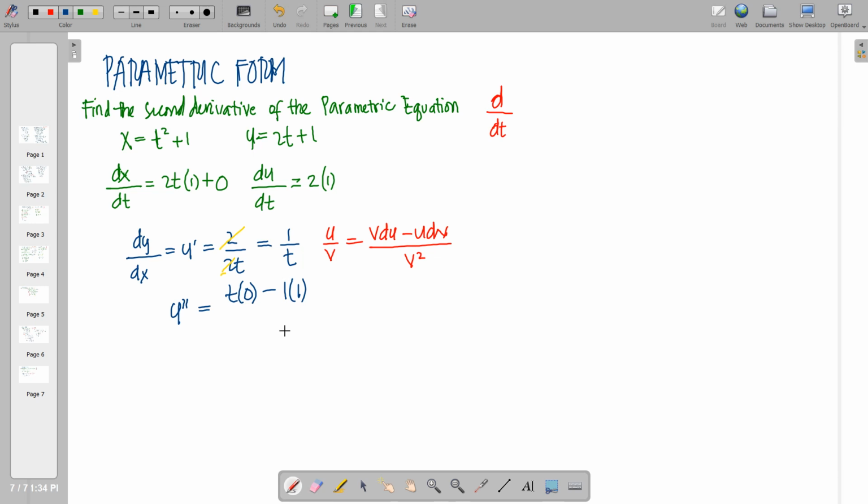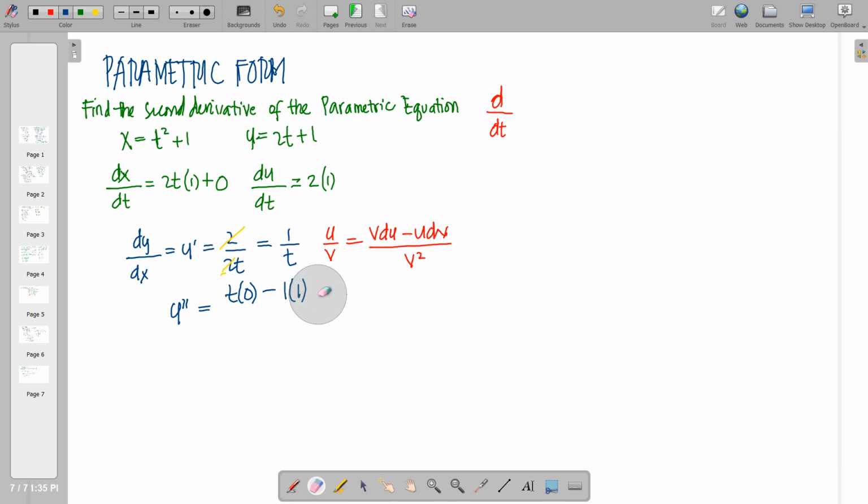So here we must be careful that the second term here is negative u, which is 1, times differential of v. What is v, or differential of v with respect to what? So we should question ourselves with respect to what. So y prime here shall be derived with respect to x, so that it will become y double prime.